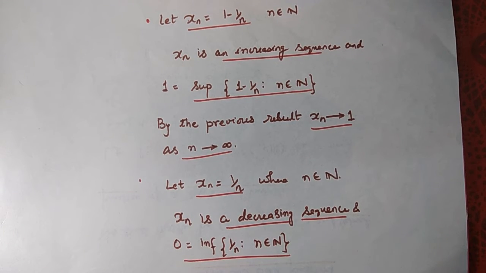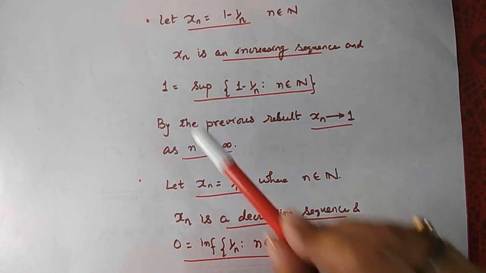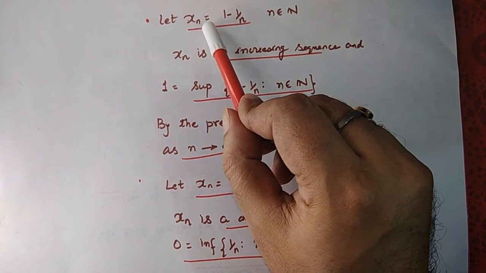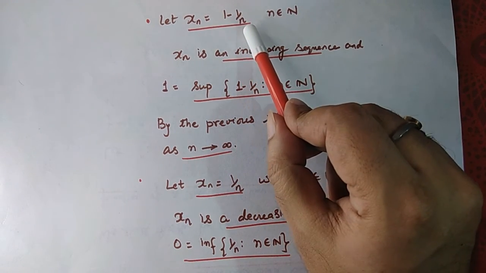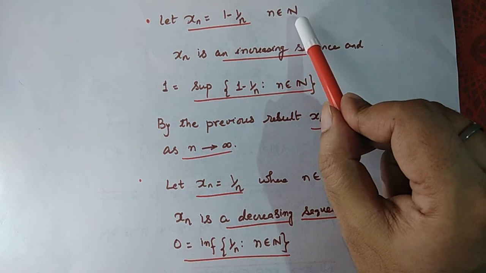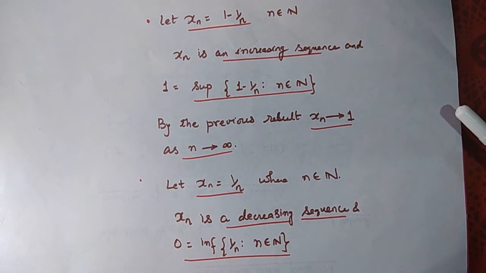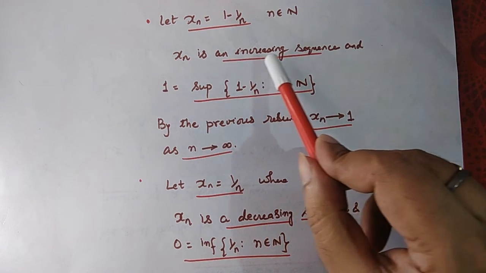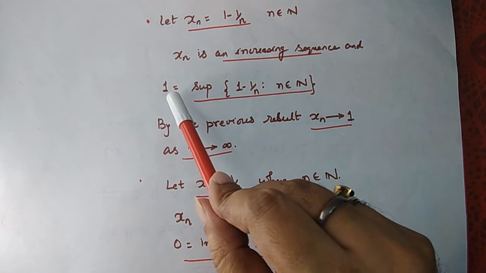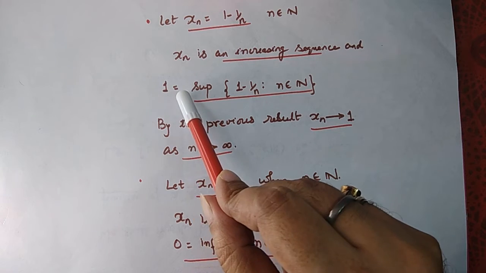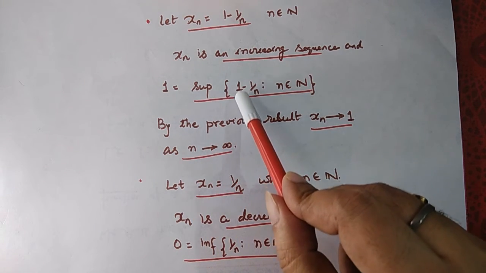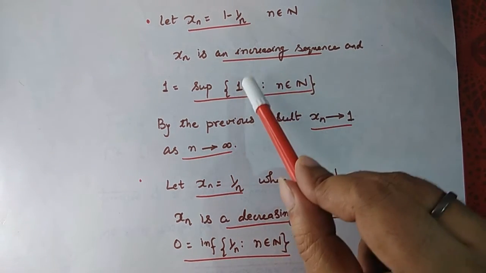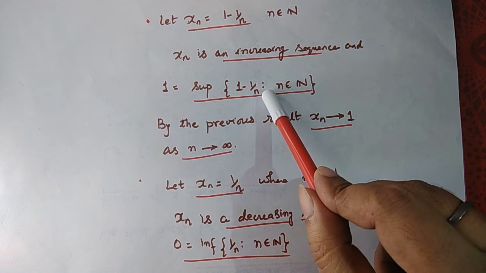Let me illustrate the utility of the previous two propositions by means of two important examples. Let xn be the sequence xn equal to 1 minus 1 by n for all n belonging to the set of natural numbers. As we have seen already in the previous lecture, xn is an increasing sequence, and also that 1 is equal to the supremum of the set formed by the terms of the sequence, that is 1 minus 1 by n.